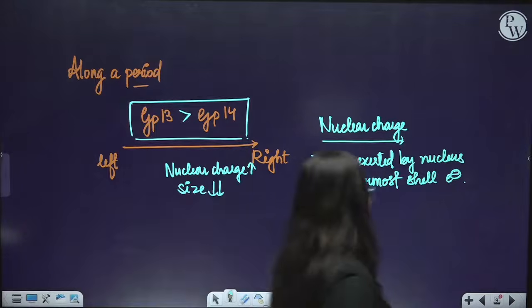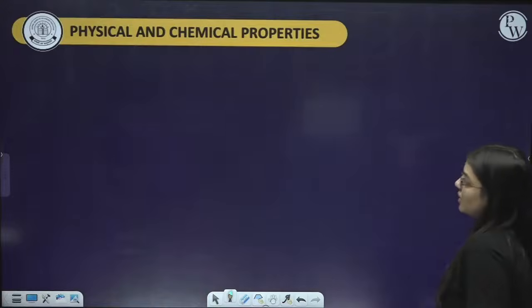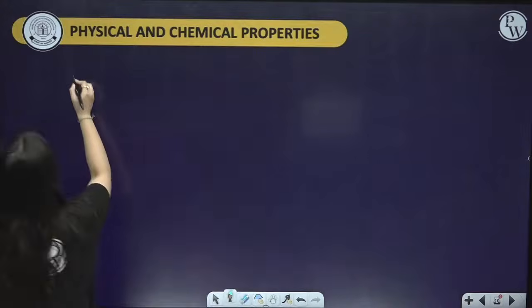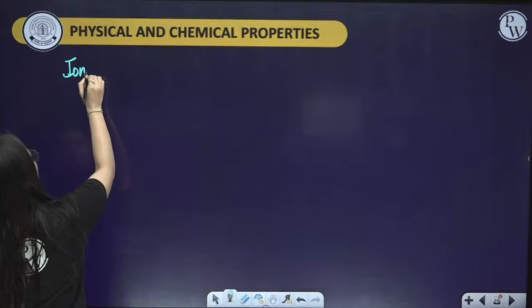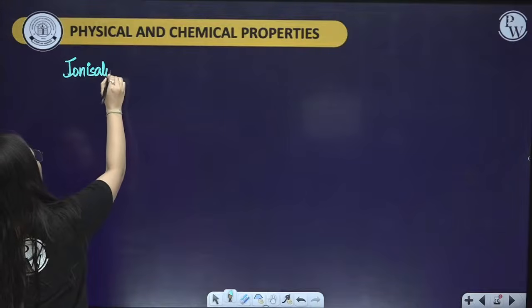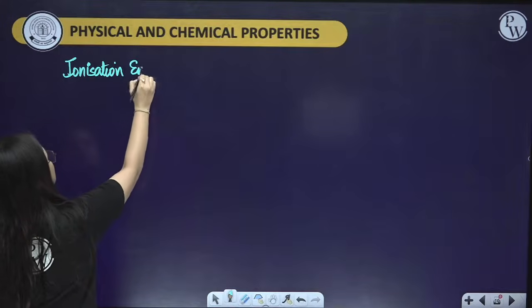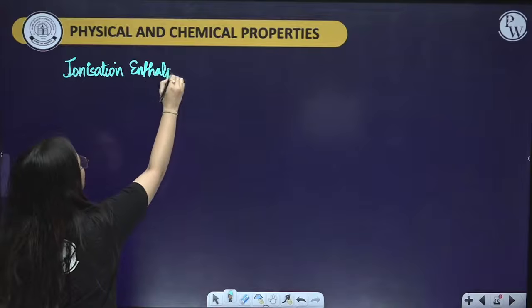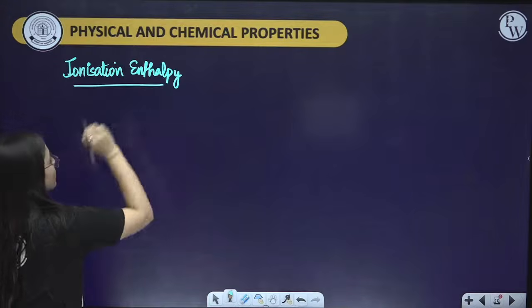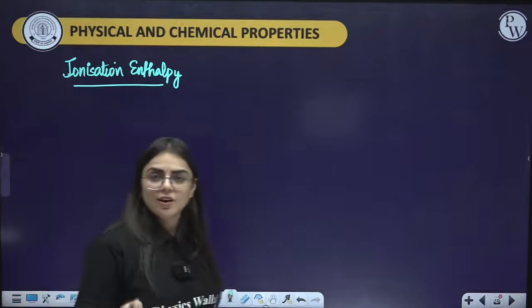Okay. Now, students, I'm going to start with the next trend, that is ionization enthalpy. See, what is an ionization enthalpy or an ionization energy?